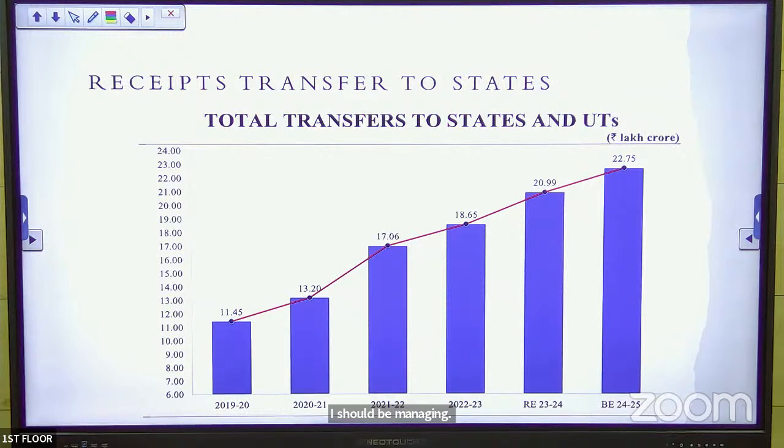So there were lots of comments and queries which were posted that the central government is not sharing that compensation to the states for the downfall of the GST collections, right? But the government wants to show that enough of transfers were made to the states and union territories over the period.